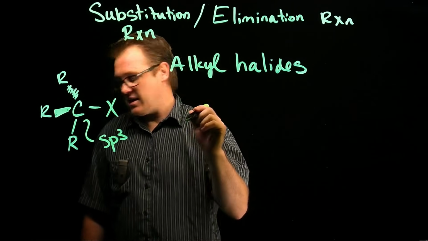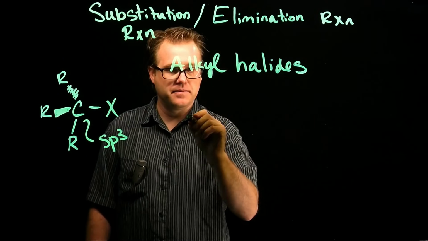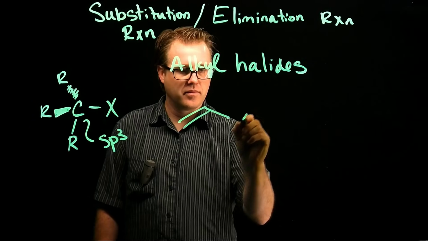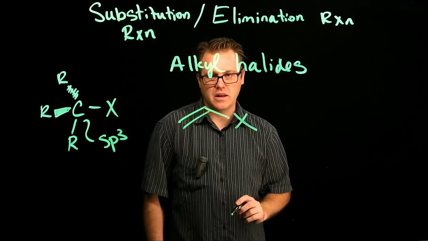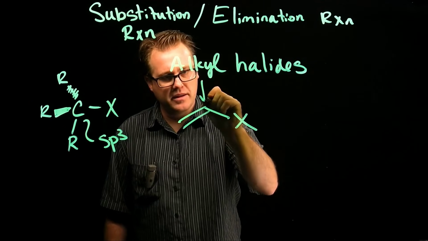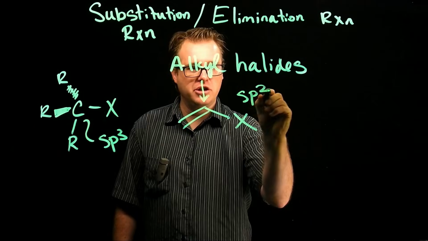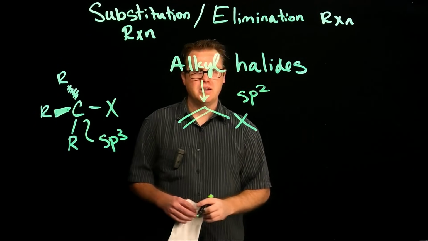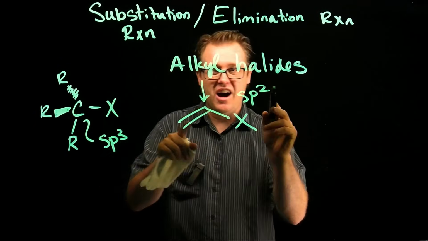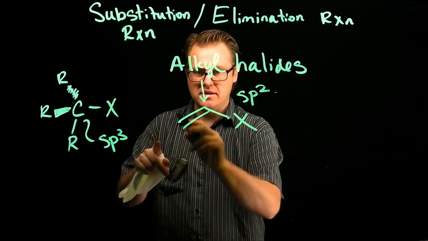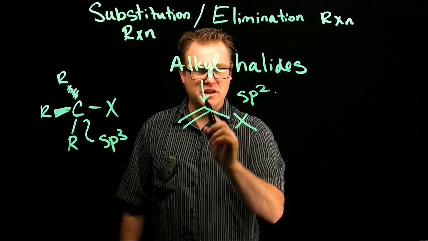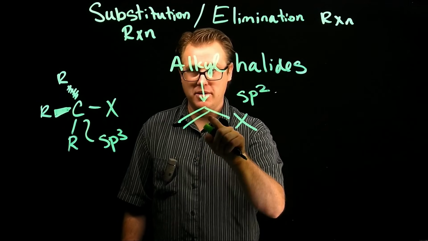In contrast, if you look at something like this, you see that this carbon that the halogen is directly attached to is sp2 hybridized. So we are not going to talk about any examples where the halogen is attached to an sp2 hybridized carbon.